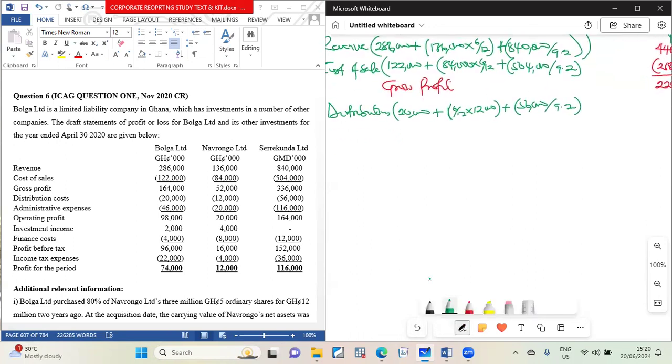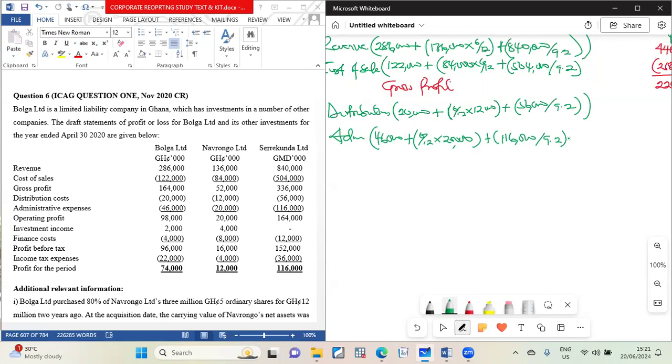Then we have the admin where the other things will come in. So we have to chalk on that. But first of all, we have 46,000 plus 6/12 of 20,000, bracket close, plus another bracket, 116,000 divided by 9.2.